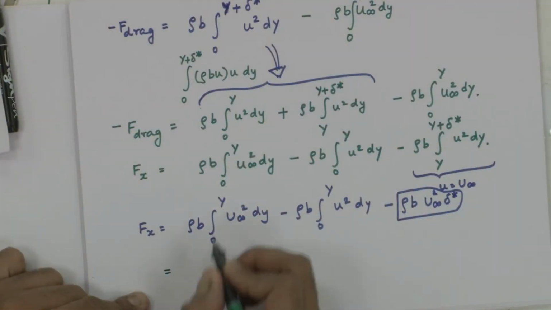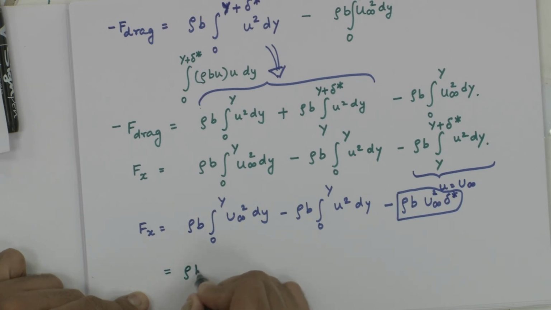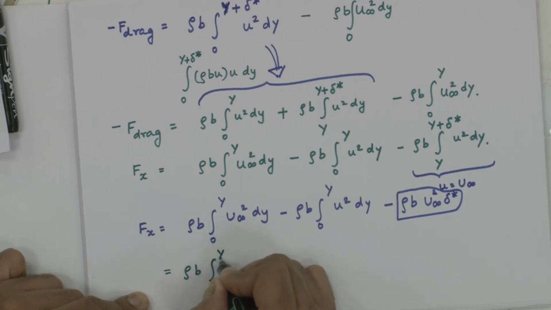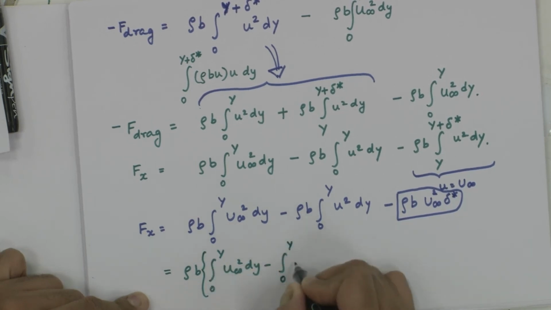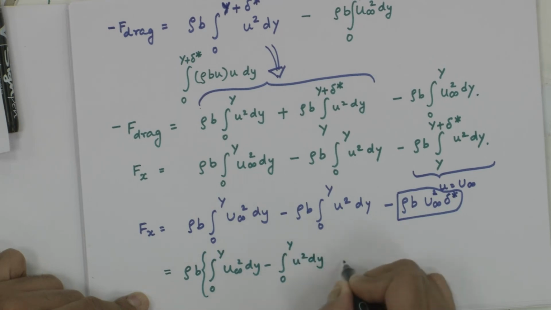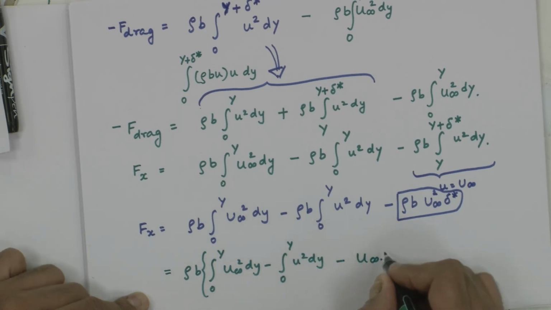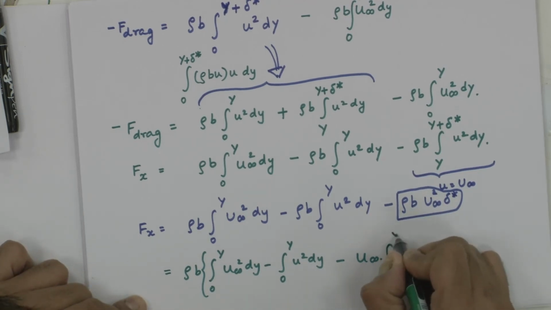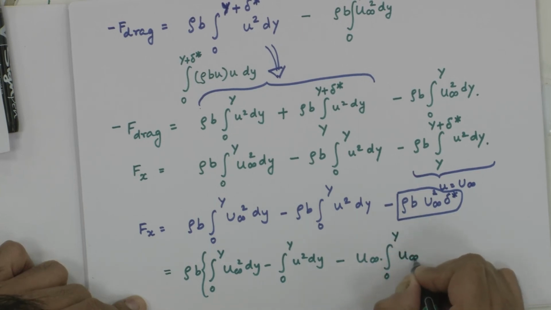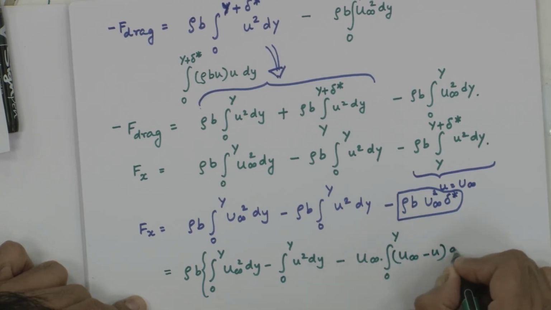What are we doing now? Just a little bit of maths. So, I now substitute for the displacement thickness inside here. I write this as rho b integral 0 to capital Y u infinity squared dy minus integral 0 to capital Y u squared dy minus u infinity, as it is, integral 0 to capital Y u infinity minus u dy.